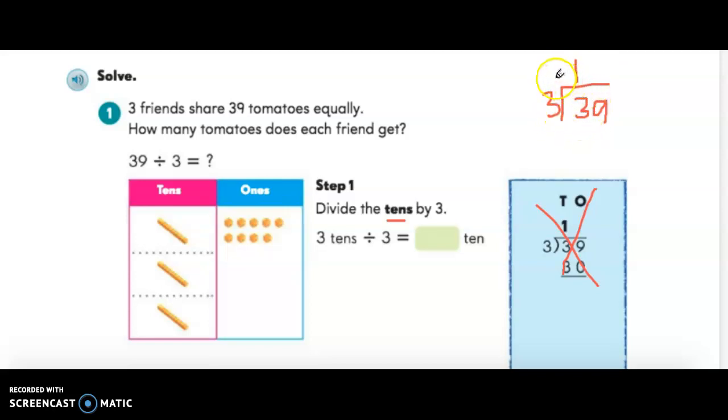Now what we are going to do next, and there's a very cool thing that I'll show you as far as the steps. So we're dividing first, then we're going to multiply these two numbers that we just put up. 1 times 3 gives us 3. We will subtract and be left with nothing. All right.